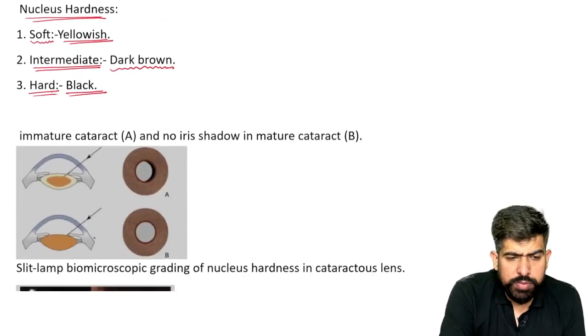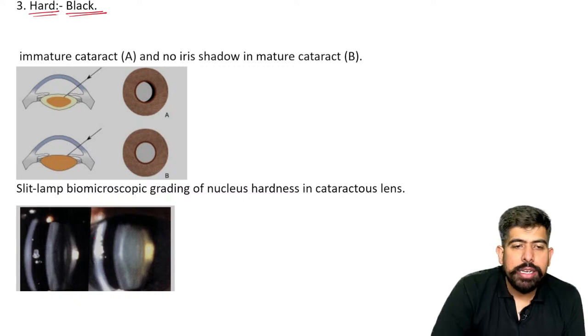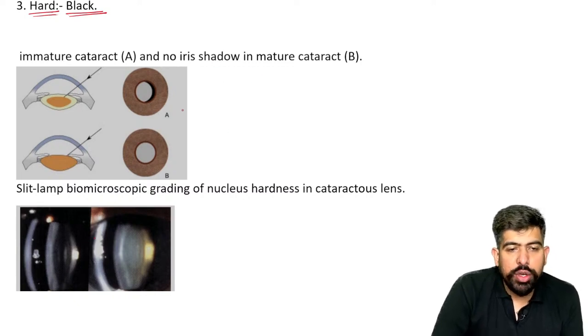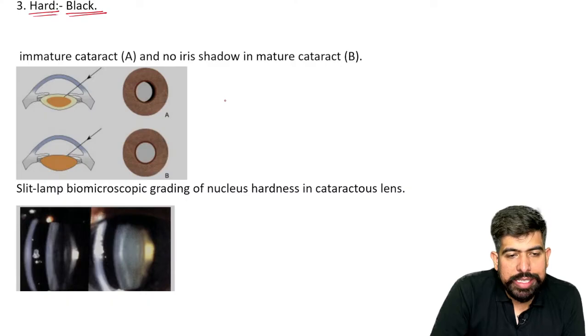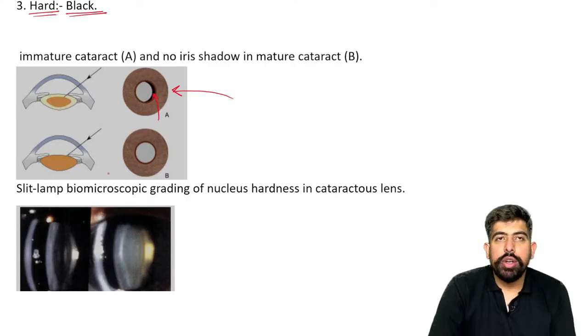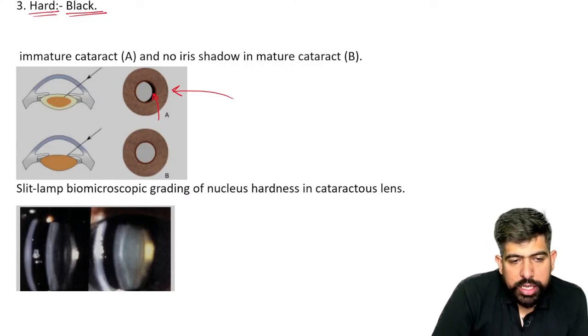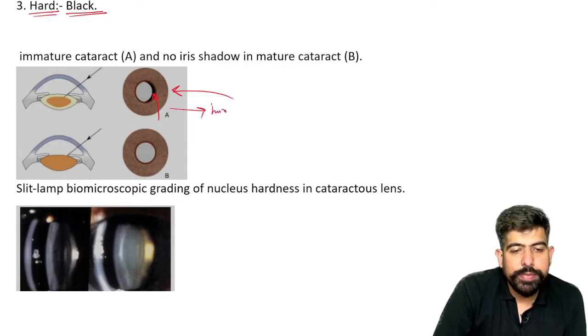Now you can see here in the immature cataract there is an iris shadow, and in the mature cataract, as we turn on the light, you can see this shadow. This shadow is known as the iris shadow, and if it is present, this is an immature cataract.